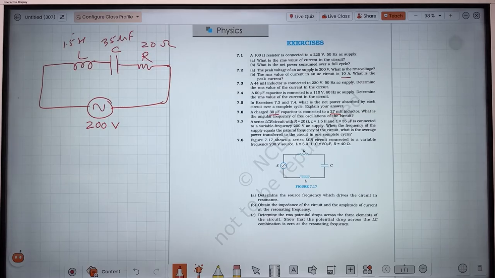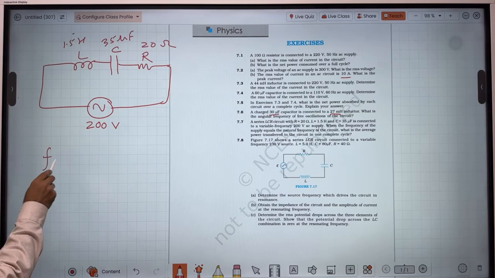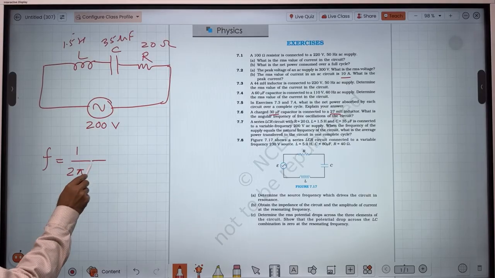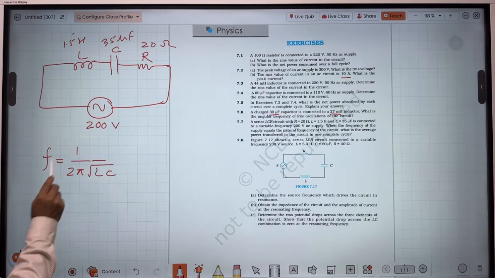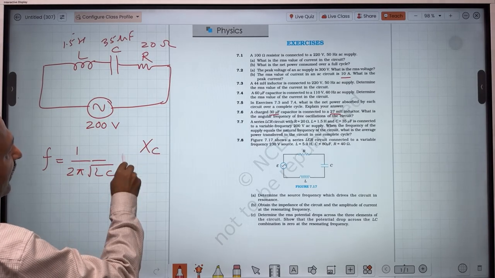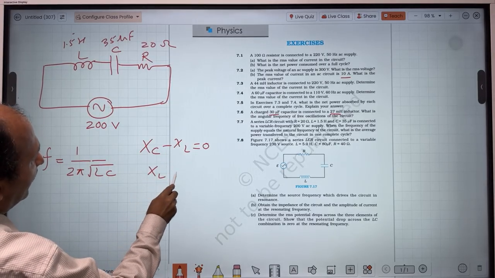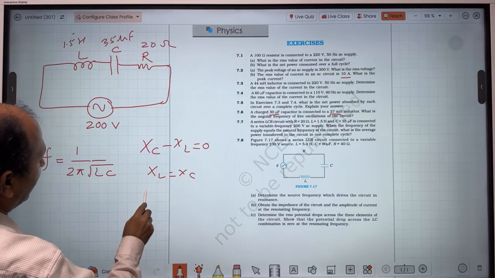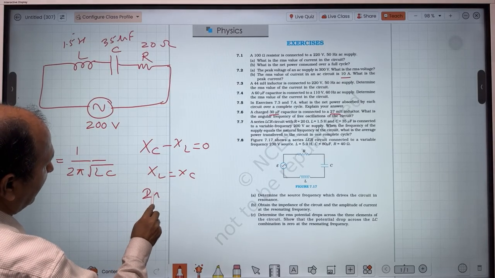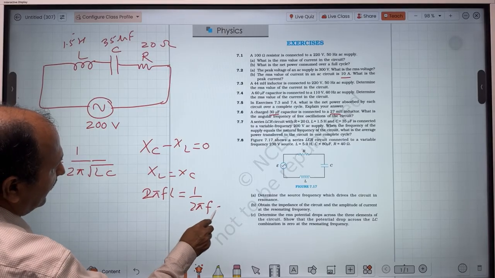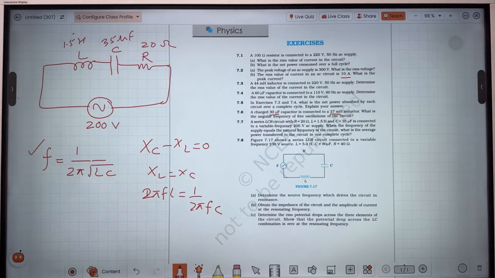So we have to find the resonant frequency, and if you remember, resonant frequency is equal to 1 upon 2 pi root LC. This is from the concept XL minus XC becomes 0, or XL equal to XC. XL is 2 pi FL, this is 1 upon 2 pi FC, right? From there we get this result.